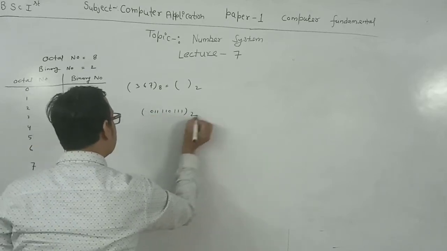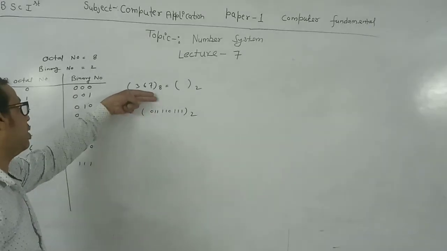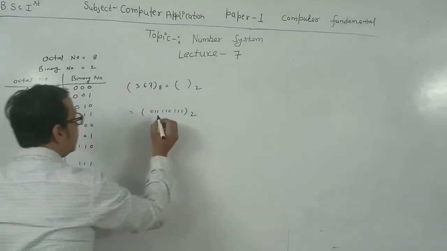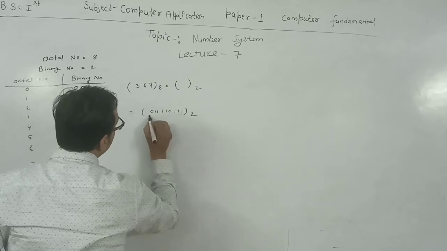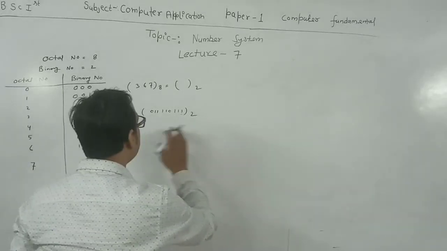So this is directly equivalent to the octal number. This octal number is represented by this number in binary, and the conversion is very easy. If you want to write this table, you have to remember it, and with some practice you will get the binary equivalents, and then you can directly convert the octal number to binary.